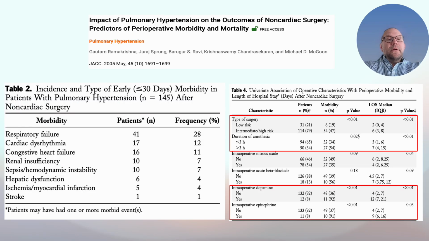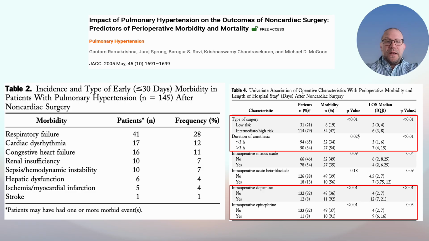I think to start, it's important to talk about the morbidity for patients with PH undergoing non-cardiac surgery. This is a little bit older study from 2005 in JACC, a retrospective analysis of patients who underwent non-cardiac surgery with general anesthesia. This was over a 12-year period, from the mid-90s to early 2000s.